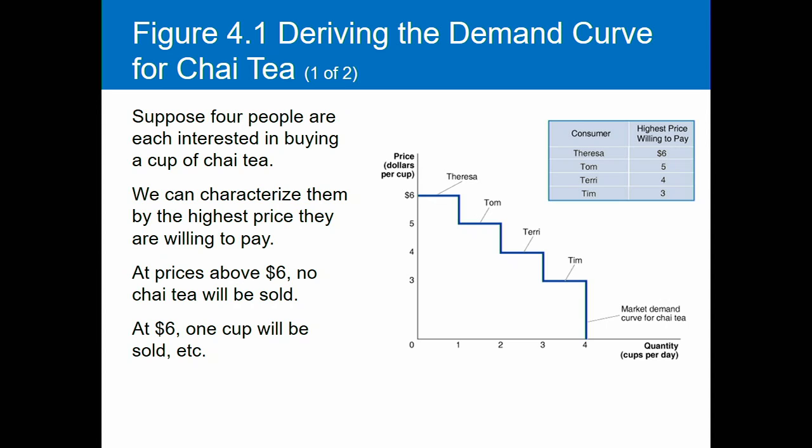But if it's at $6 or below, she'll be more than happy to. Maybe she's in this class and she needs tea to stay awake at 8 a.m. Maybe she really likes the taste of the tea. I don't know. Then we have Tom here that values it at $5, the highest he's willing to pay. Terry values it at $4, and Tim values it at $3. So they each step down this weird demand curve.